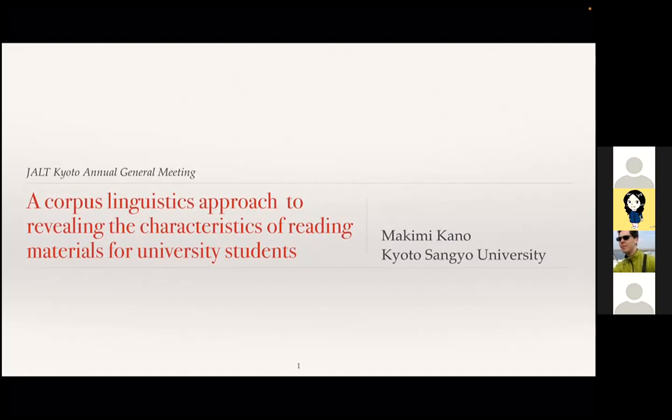Then I thought, what are students actually reading over the years? We make students read various materials in various classes, but what are they actually? Why do students find some material difficult and others manageable, at least, if not easy? How are they different?